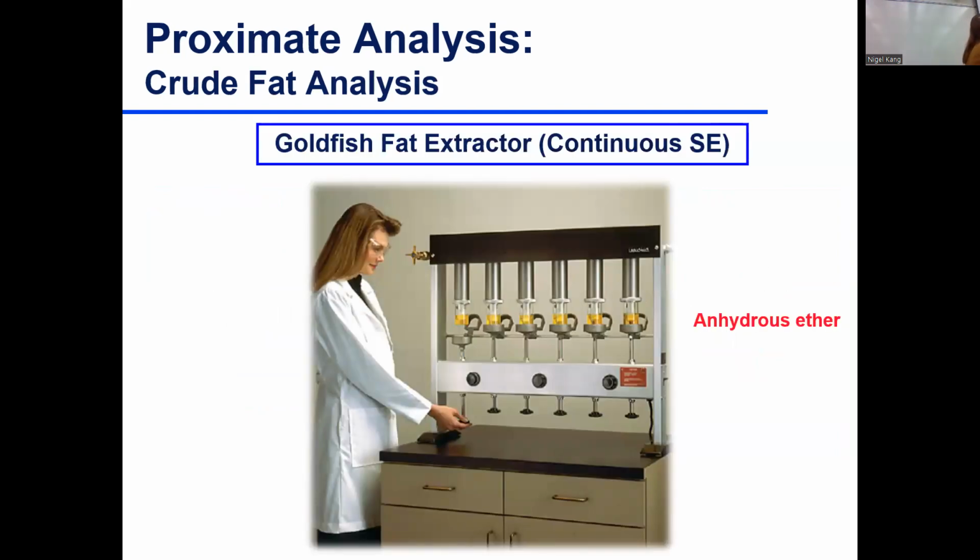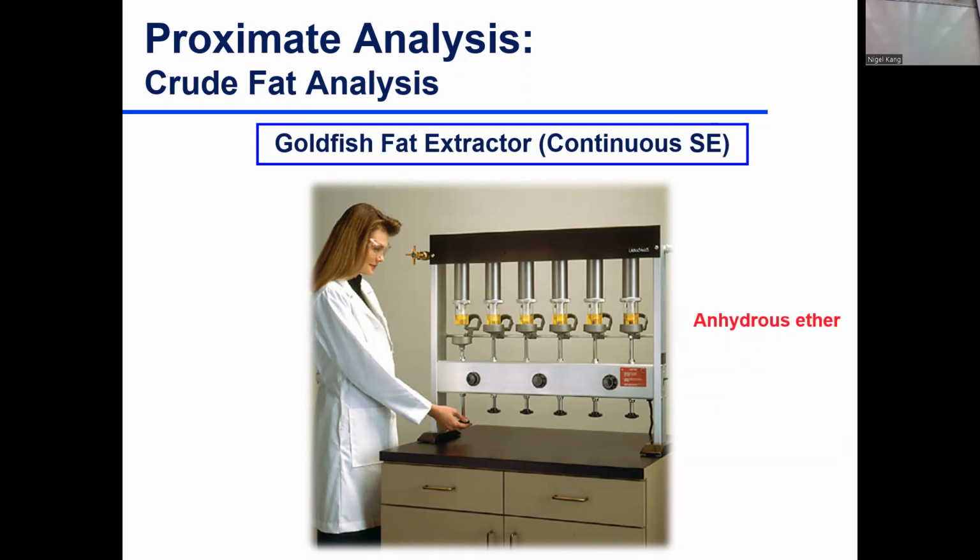The first method of fat analysis or extraction which is based on solvent is the Goldfish method. Don't ask me about the relation between this name and the method. I don't see logic, but it's called the Goldfish method. So you have a plate.